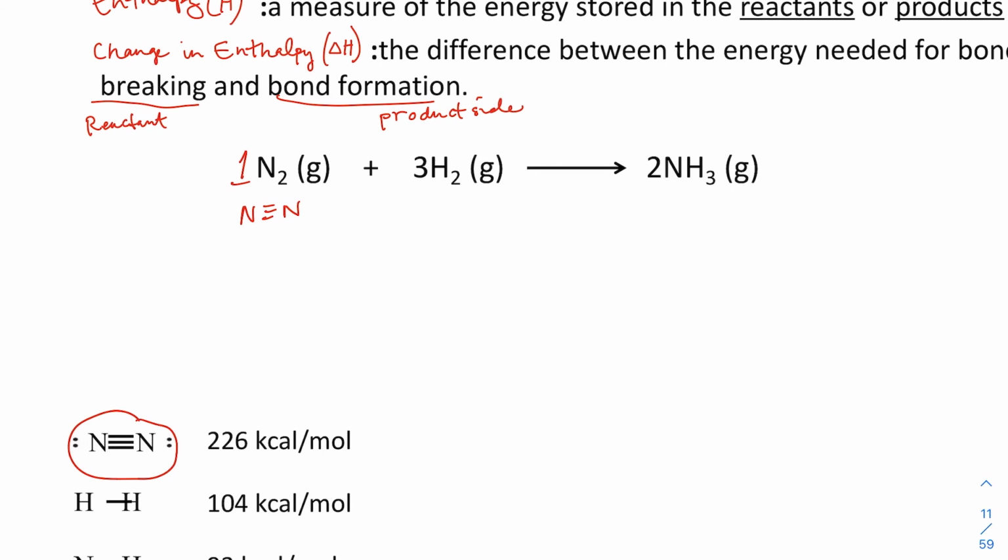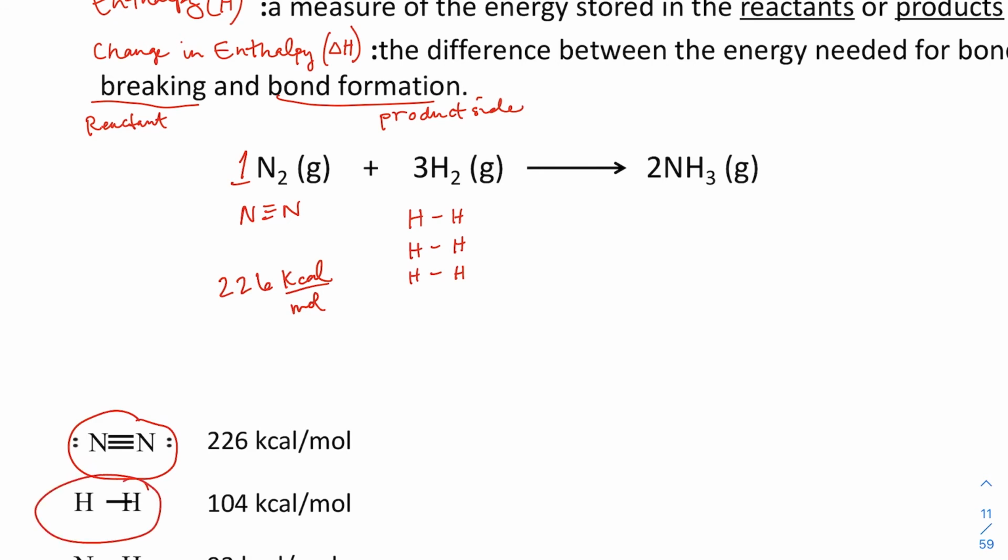There's just one nitrogen molecule, and we would have to break that nitrogen triple bond, which we have seen from previous slides is going to require an investment of 226 kcal of energy per mole of nitrogen molecules. And then we have 3 hydrogen molecules, so if you want to draw these out, we have to break all 3 of these single bonds so that we can form our products.